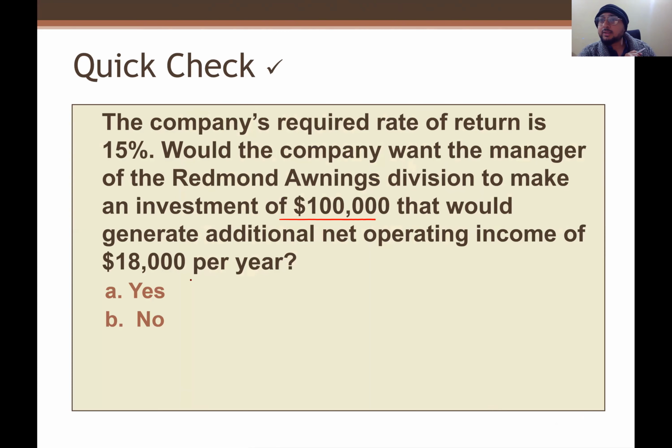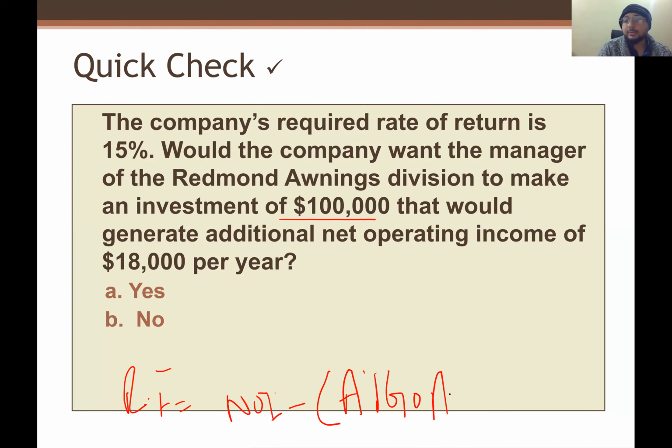So what is the residual income here? Residual income is going to be net operating income minus average operating assets multiplied by the required rate of return.